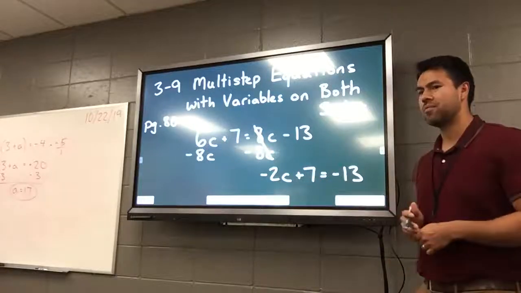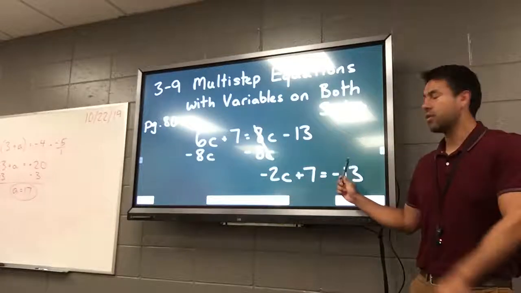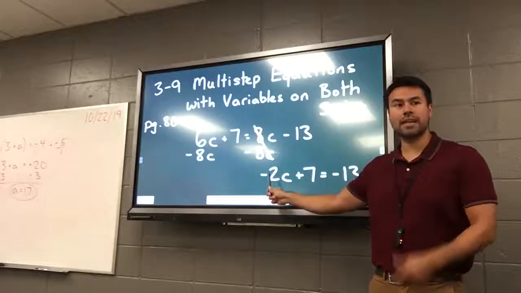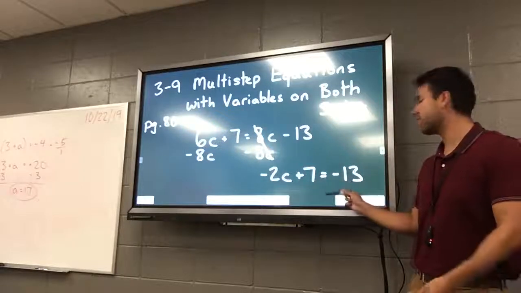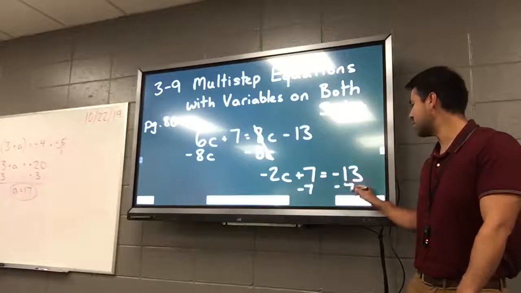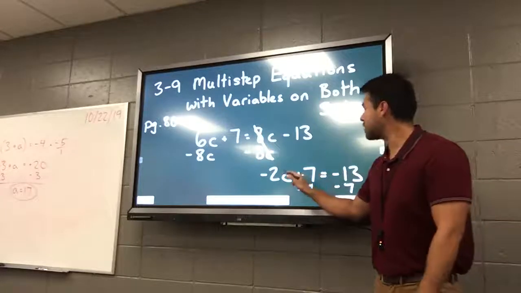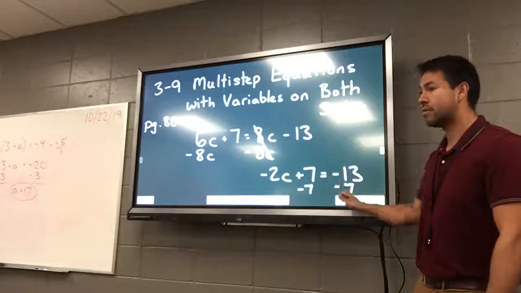How many of you, when you wrote this down, said, okay, C is being multiplied, then it's being added. So I undid the addition. You subtracted 7 from both sides, and you have to be careful here. So I'm going to work this one out. It's a little more complicated. You were left with negative 2c equals negative 20. Negative 20, right?